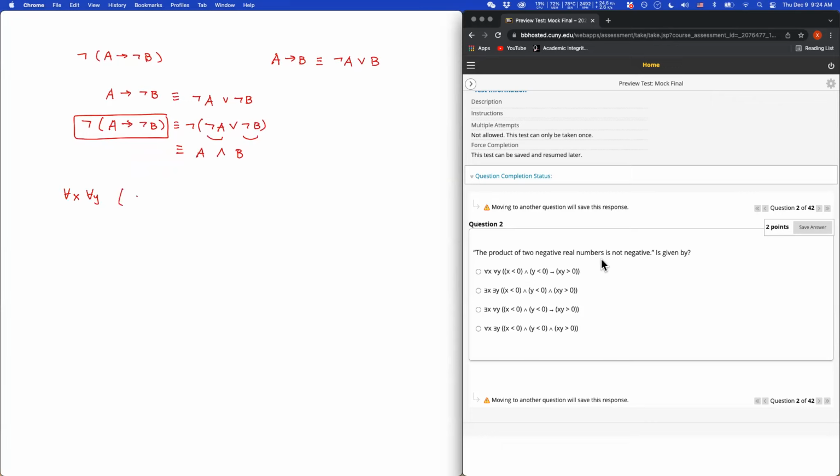So to have negative numbers, you have x less than 0 and y less than 0, since you need both numbers to be negative. And you want to show the product of them is not negative. And not negative means it's positive, which means it's greater than 0.